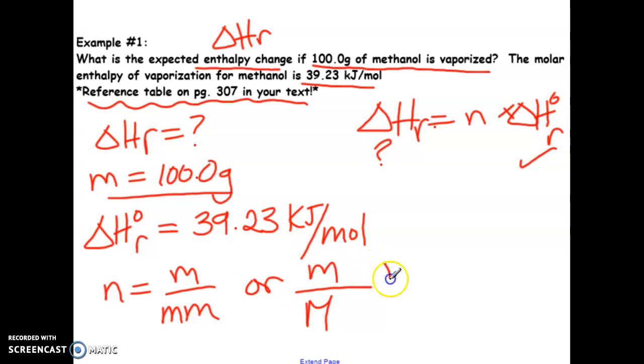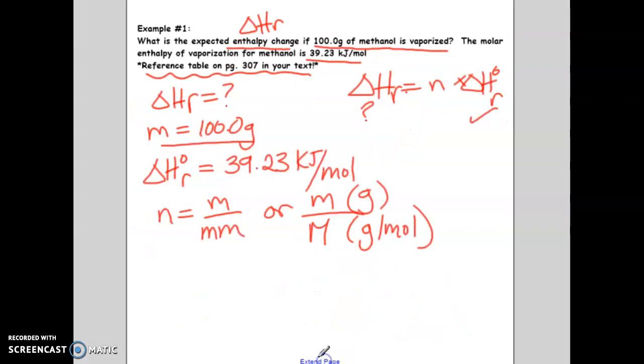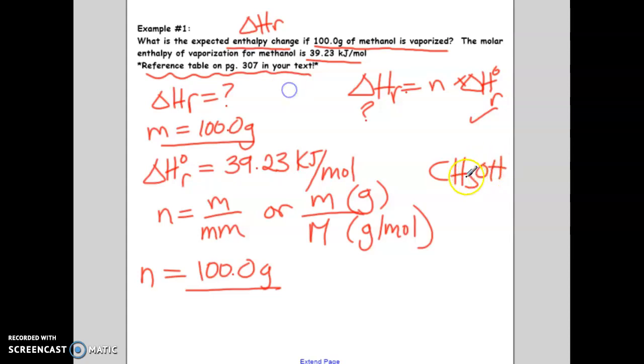The unit for mass has to be grams. A little quick review: molar mass is in grams per mole. So solve for n. Moles is going to be 100.0 grams over the molar mass for methanol. Methanol is CH3OH, which we should remember from our organic chemistry unit.